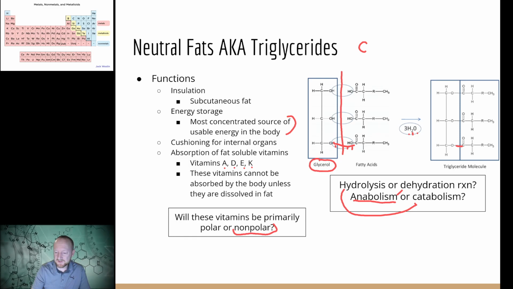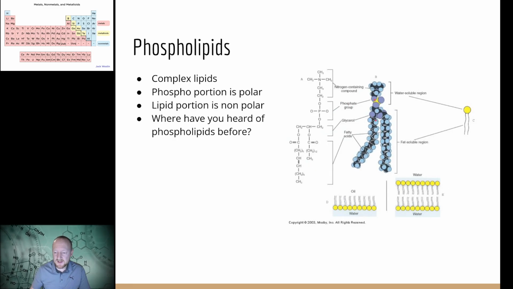Triglycerides are always in groups of 3. Phospholipids, we're going to have 2 fatty acids coming off the end of it. So up here, this is water soluble, meaning you should know it's polar. And down here, the fat portion is non-water soluble. It's fat soluble. So this is non-polar. I'm just going to write P.